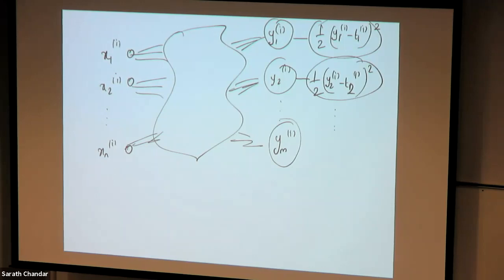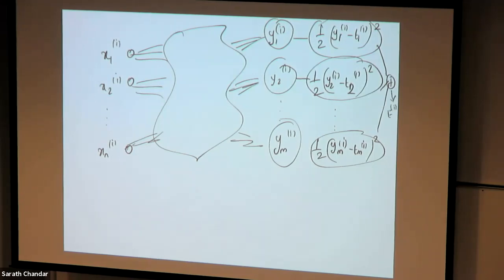Similarly, for the last unit, it's 1 over 2 times (ymi minus tmi) the whole square. Now, my actual error is a sum of all these things, so I'm going to do a sum of all these terms. This sum is going to give me the error for the ith example.